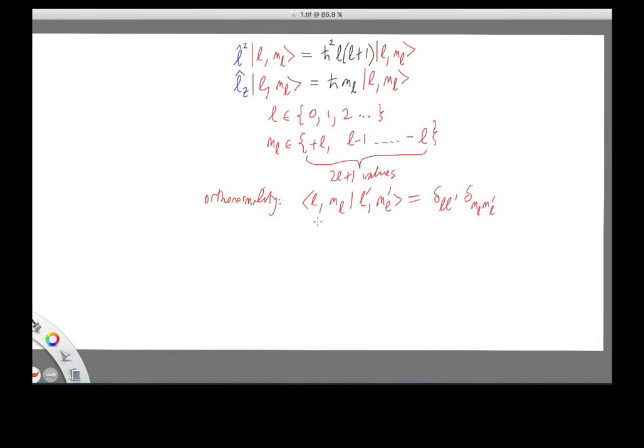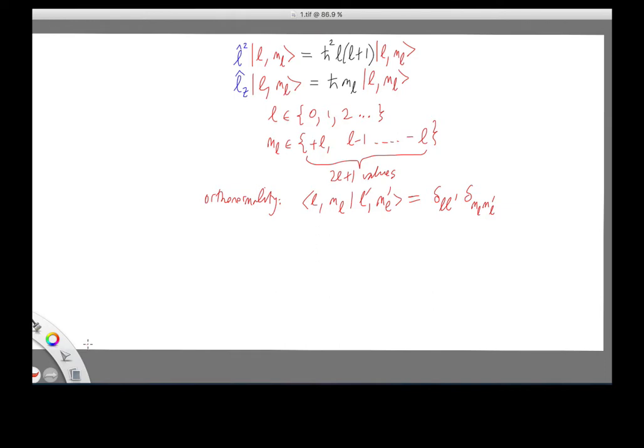Or in general, we can write the orthonormality in Dirac notation using these two Kronecker delta symbols, which indicate that the bracket between two different states is 1 if all the quantum numbers are the same, and 0 if any of them are different.